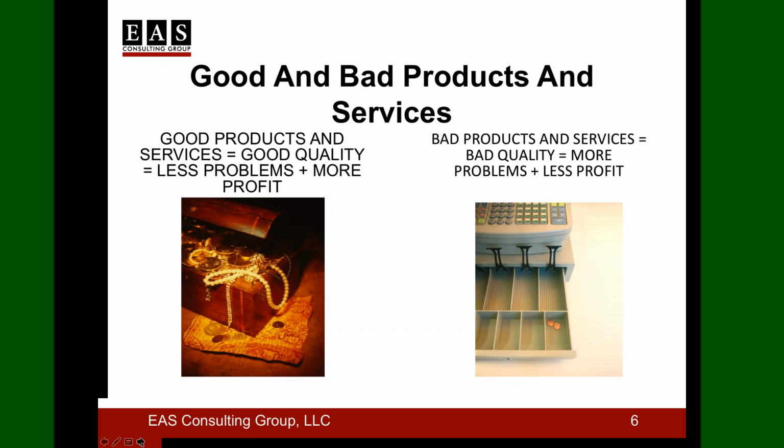Versus if you do have bad products and services, you're going to have bad quality, you're going to have problems, maybe even lawsuits or more visits from the FDA and notified bodies and elsewhere. Less profit because you have to then spend a lot of time and money and resources to get these things fixed.